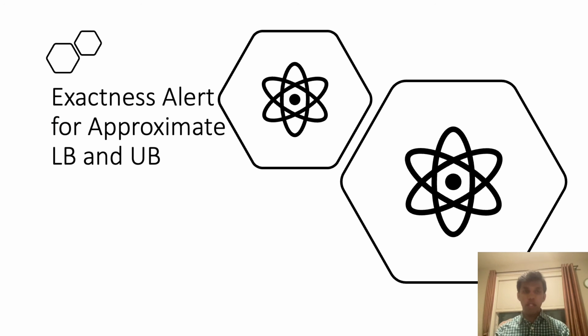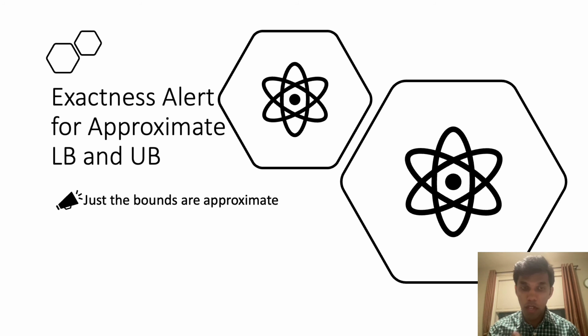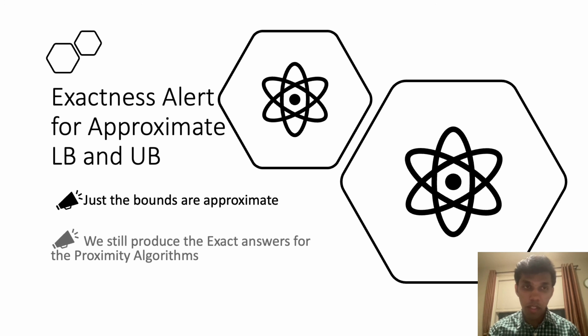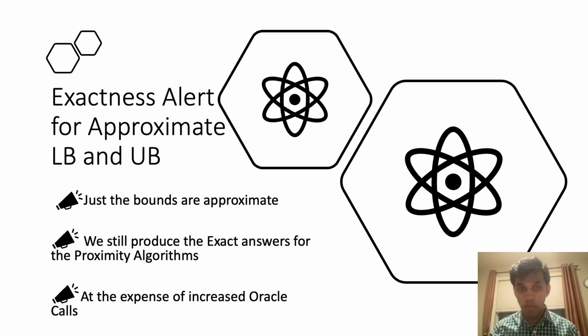Exactness alert once again: for approximate LB and UB, the bounds are just approximate. We produce the exact same answers as that of the proximity algorithm. We do this at the expense of a marginal increase in the number of oracle calls.